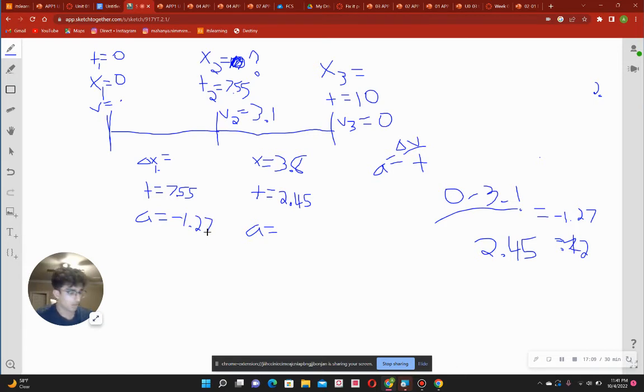Okay, and now we can go ahead and solve for the initial velocity. I'm going to be using equation 3, so let me erase my work here.